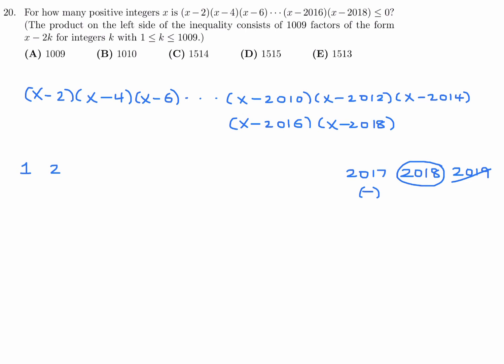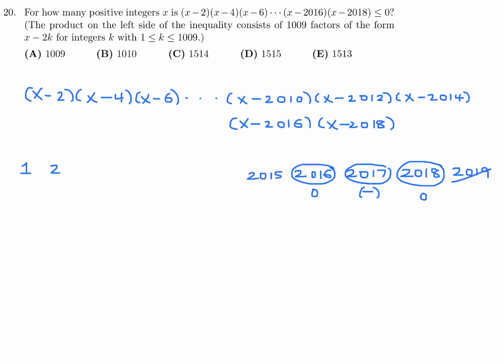So we only have one negative, and therefore the whole expression will indeed be less than 0. Let's try 2016. Well, this becomes 0, so the whole thing becomes 0. So we're keeping these.